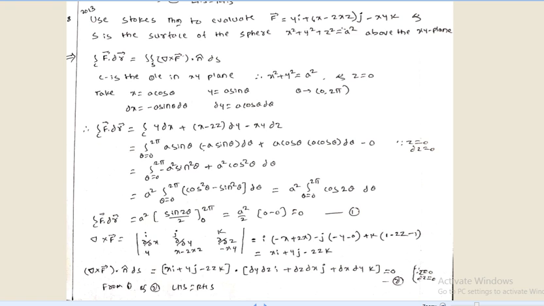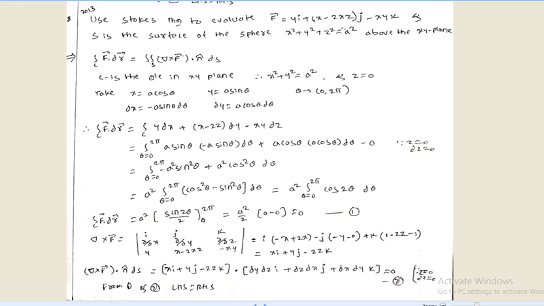Now Stokes theorem, f dot dr is equal to integration along the curve C. So use y dx plus x minus 2z dy minus xy dz. Now substitute y as a sin theta and dx as minus a sin theta d theta.